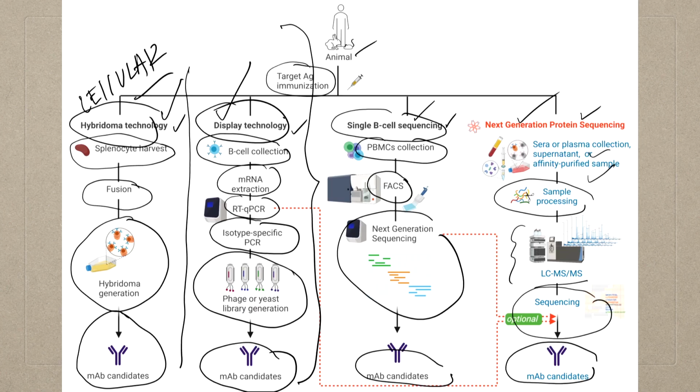So, do not get fumbled by these terminologies, but overall you should understand this is the scheme of things where you have hybridoma technology, display technology, and these are the potent tools for antibody production. And as long as you keep these in mind, you are good to go.